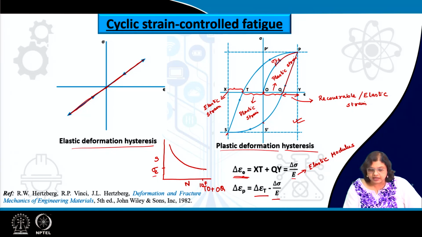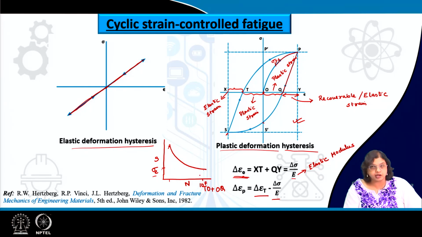We start the test at some values which is typically 50 to 60% of the ultimate tensile strength of the material. Certainly, that will exceed the yield strength of the material, and for that we obtain a much lower number of cycles.